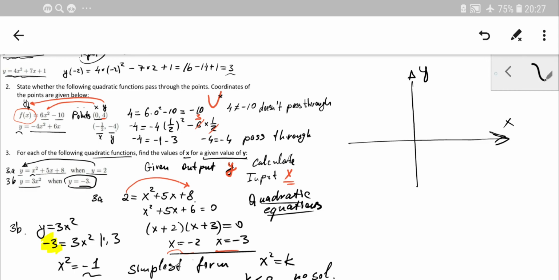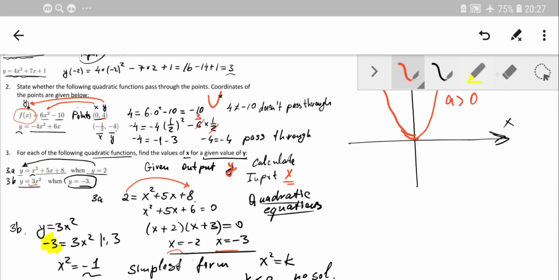So we simply plot the graph y equals 3x squared, and let's see how it works. It goes through the origin, and because the leading coefficient a is more than 0, in this case it's 3, the graph looks like that. It is completely above the x-axis except that it goes through the origin.